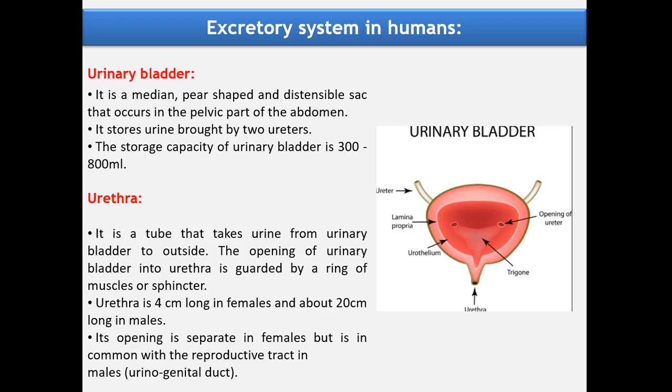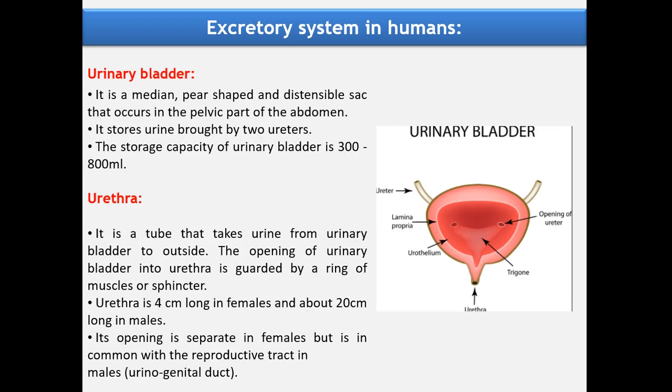The urethra is 4 centimeters long in females, and it is meant for the passing of only urine. And in males it is 20 centimeters in length, and it is meant for the passage of both urine as well as the semen.